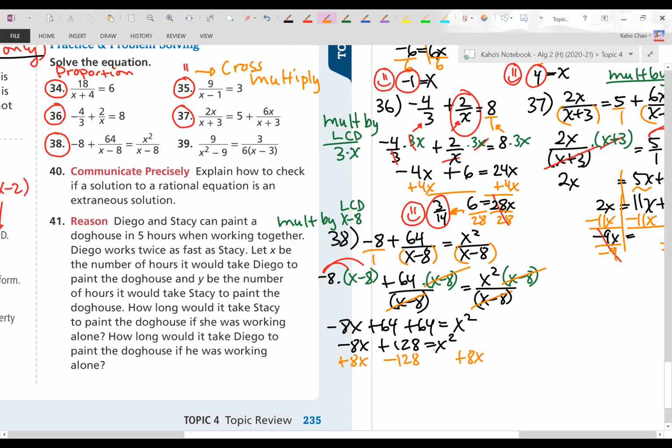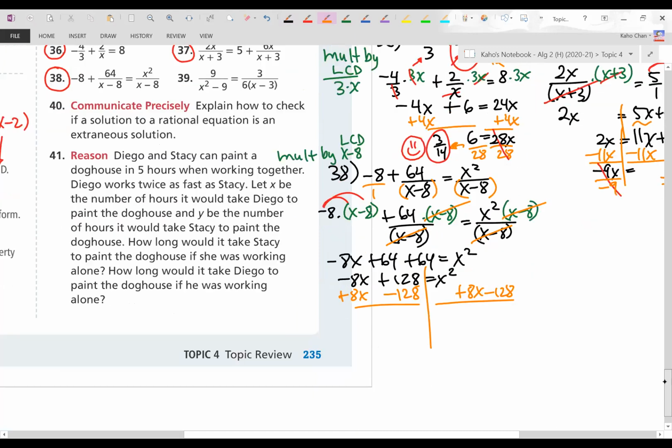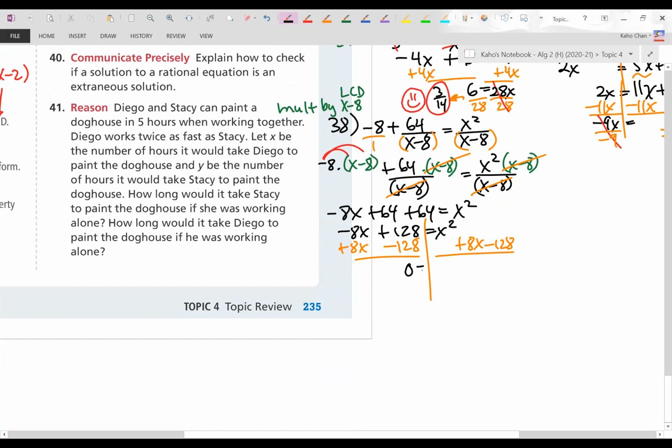Subtract 128 on the other side. And let's see what we'll get here. 0 equals, we're going to get a quadratic here, folks. 128, holy cow, that's crazy. Well, it works. 16 and negative 8 work. Crazy enough. Split them up and solve.